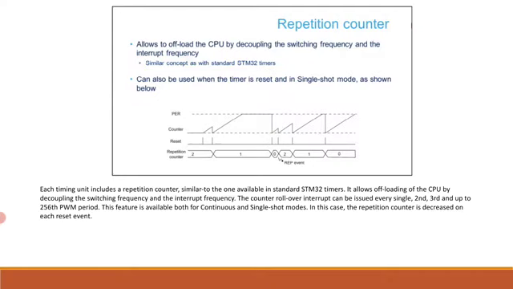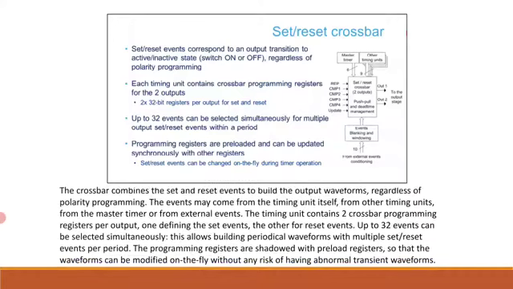So the set or reset crossbar combines the set and the reset events to build the output waveforms regardless of polarity programming. The events may come from the timing unit itself, from other timing units, from the master timer or from external events.